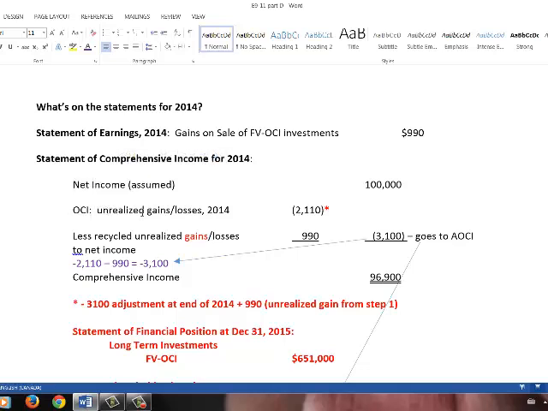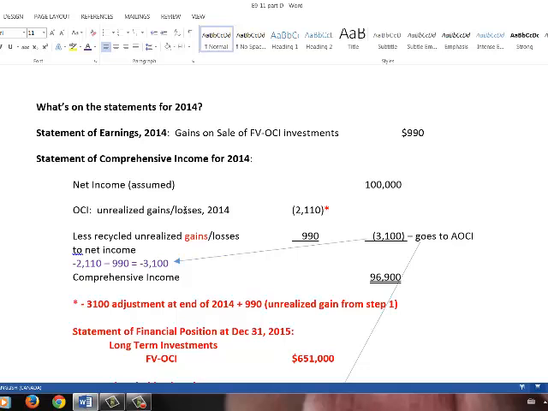I'm plugging in a number here: net income is 100,000. Again, I'm making that up. Nowhere in the question did it tell me that, but I'm going to use it to show you the calculation. So if I assume that net income, which includes this gain, is 100,000, now I have to determine what OCI is for 2014.